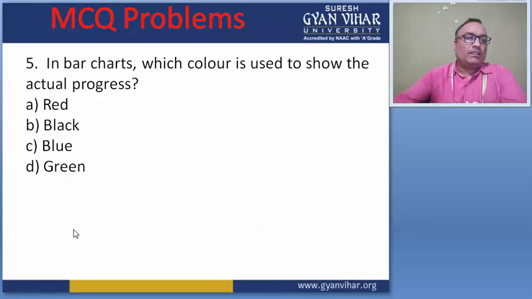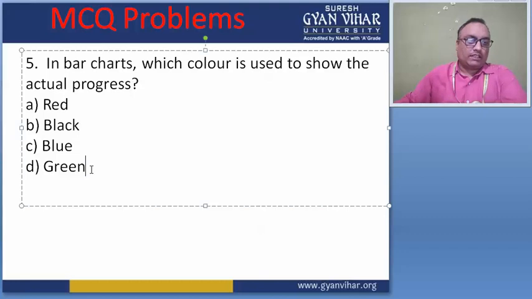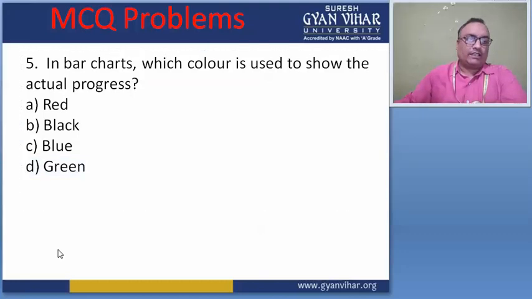Question number 5. In a bar chart, which color is used to show the actual progress? Red, black, blue, or green? The correct answer is green. Green color is used to show the actual progress.